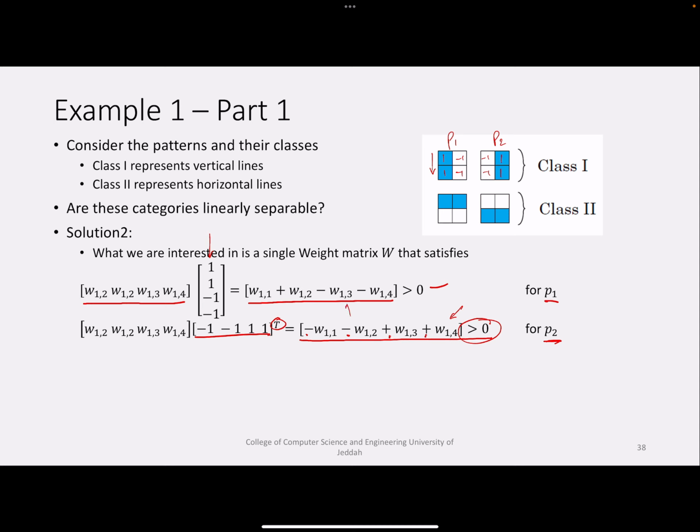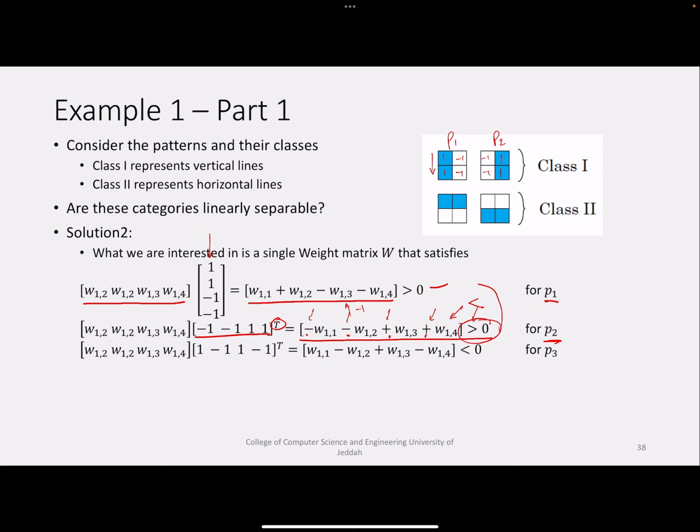Both things cannot be true at the same time. If you multiply this inequality by minus 1, yes, you'll flip the signs on all four terms on the left-hand side, but the greater than sign will also flip to become a less than sign. So both these conditions cannot be true at the same time.